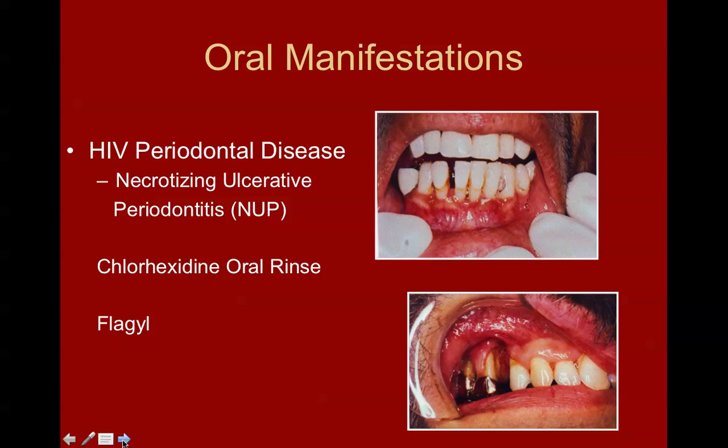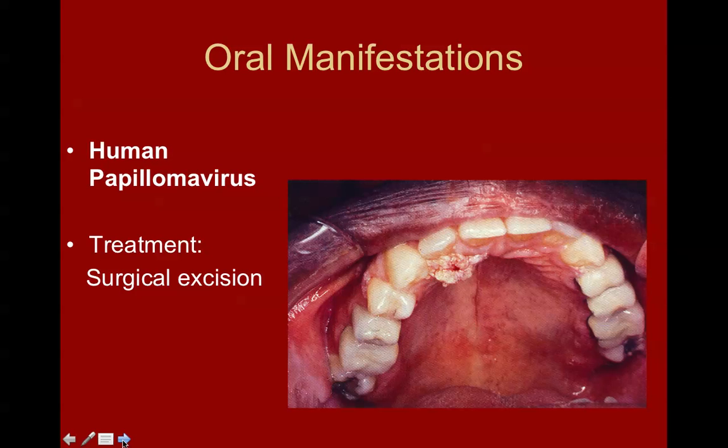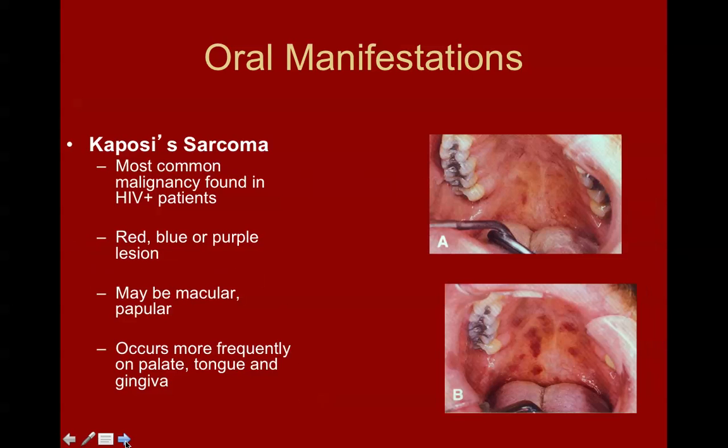Not meaning that anyone that presents with them has AIDS. However, these are classic presentations of mouths with patients with AIDS. This is where you'll see them most. And human papillomavirus. You can see here the little warty looking papillomas there.